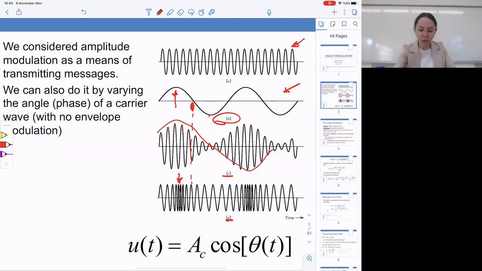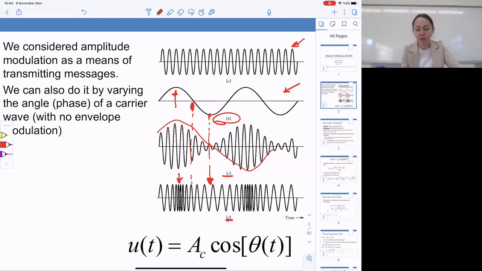When the amplitude is at its lowest value, it corresponds to the frequency of the carrier being even lower. So lower than the original, actually.